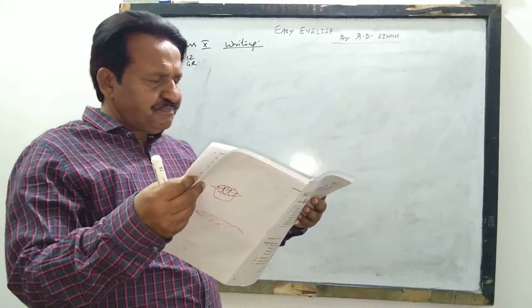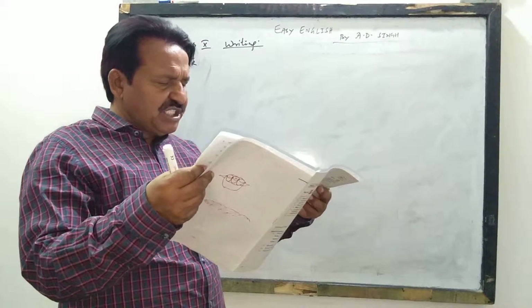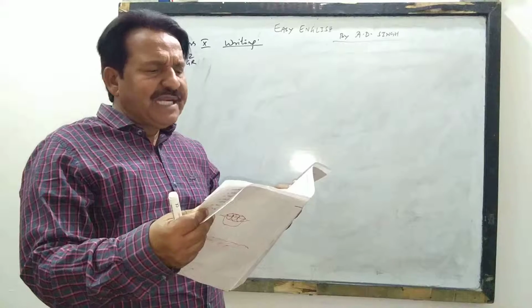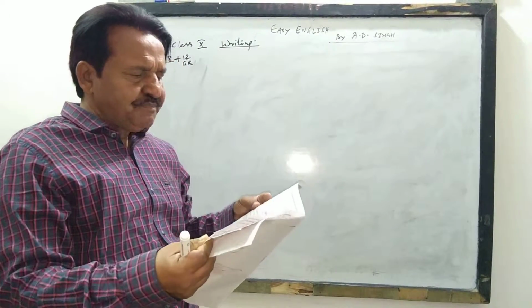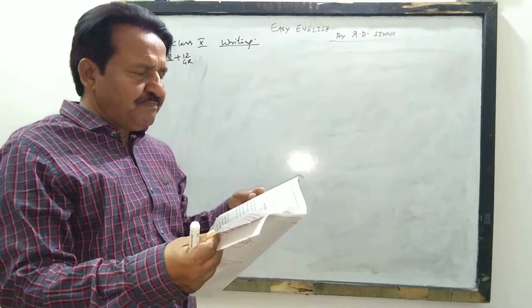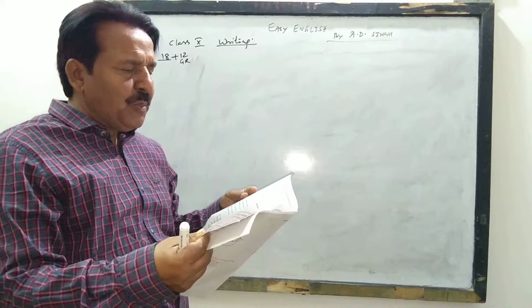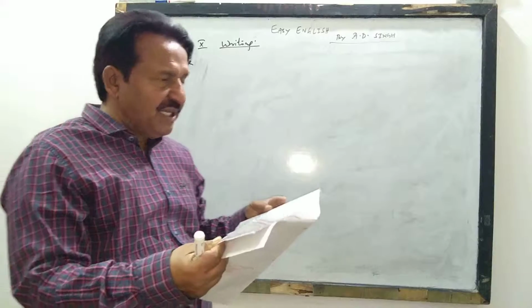The second question is of 10 marks, that is story writing, and an outline is given. So having the outline, you have to complete the story.